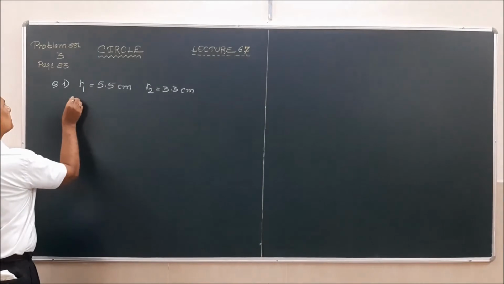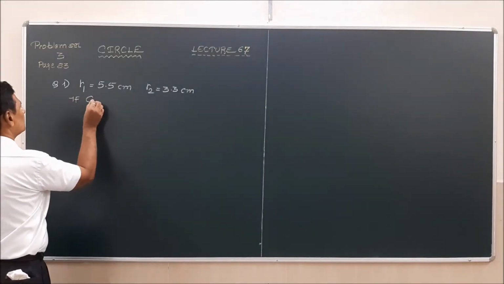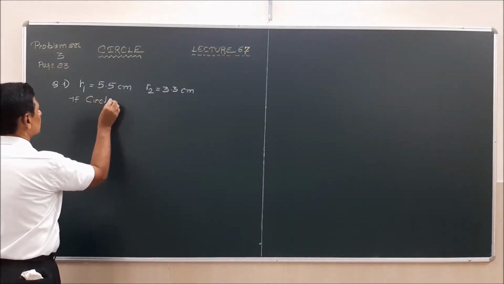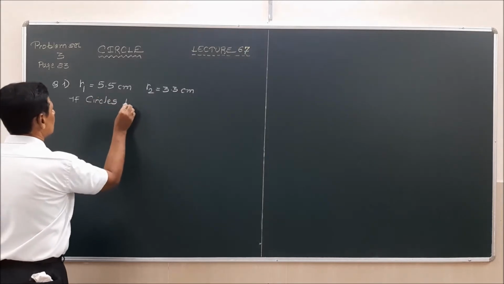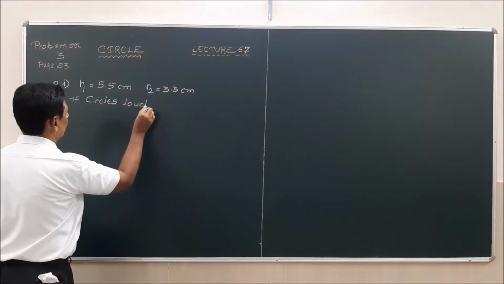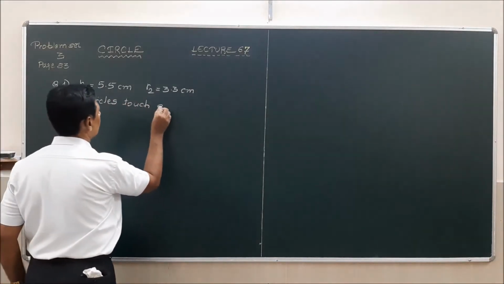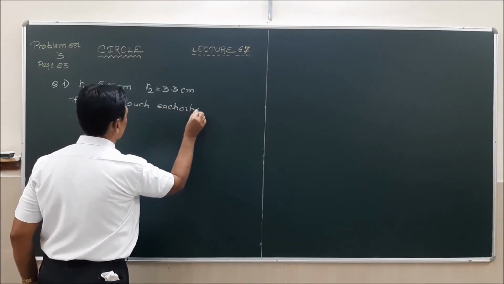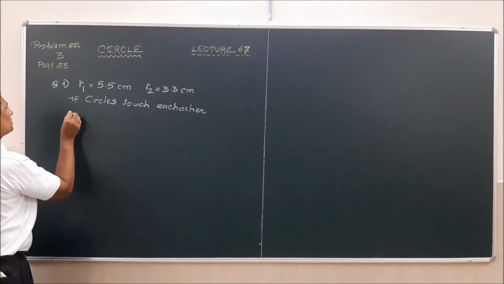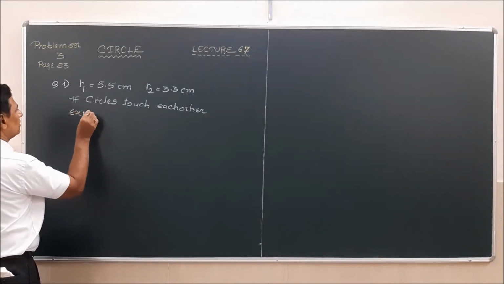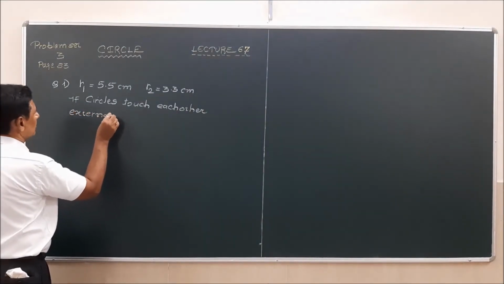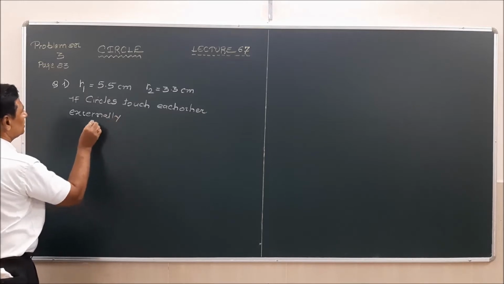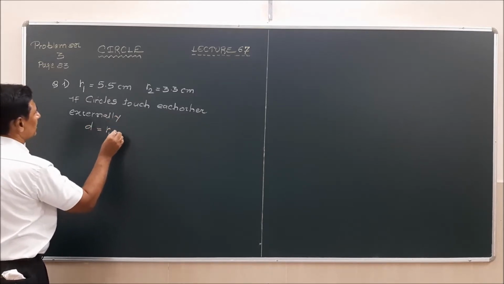If circles touch each other externally, distance is equal to R1 plus R2.